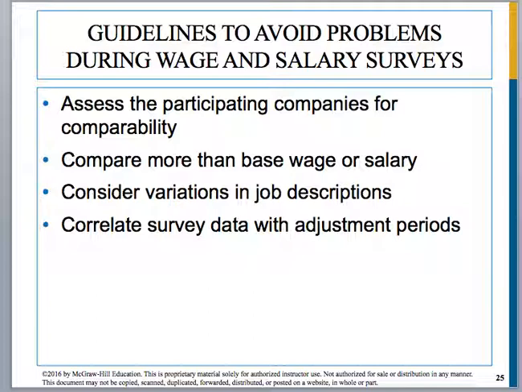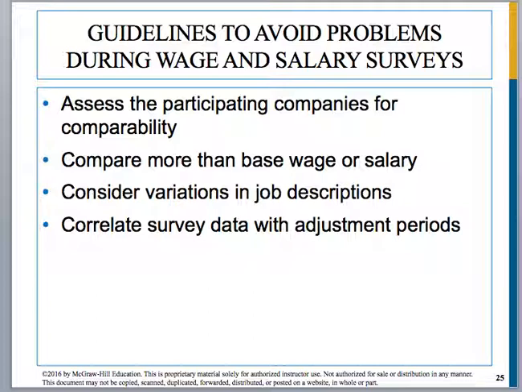All of those are important factors. The second thing is to compare more than your base salary or wage. The total compensation package, including incentives and benefits, should be considered. For example, a company might provide few benefits but compensate for this with high base wages and salaries. So you see how you can counteract and balance it that way.